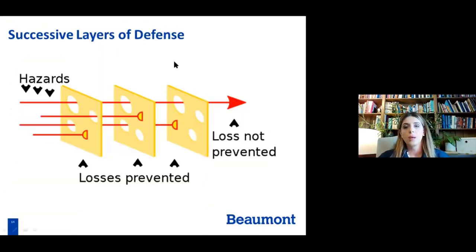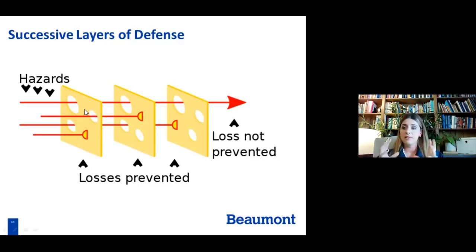So the easiest way to put it together, I don't know if you've seen this before, is that we follow this successive layered model, the Swiss cheese model, where even if you put multiple layers in place, there's always going to be some loss. You cannot prevent an error or an infection from happening unless you have multiple layers, and it all starts with following it, but also following it appropriately to prevent an incident from happening.